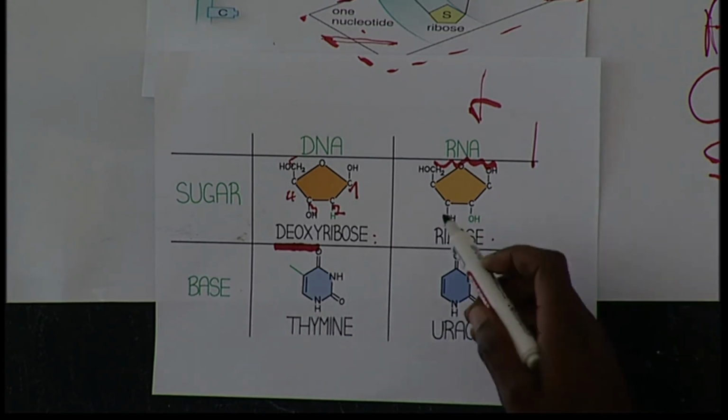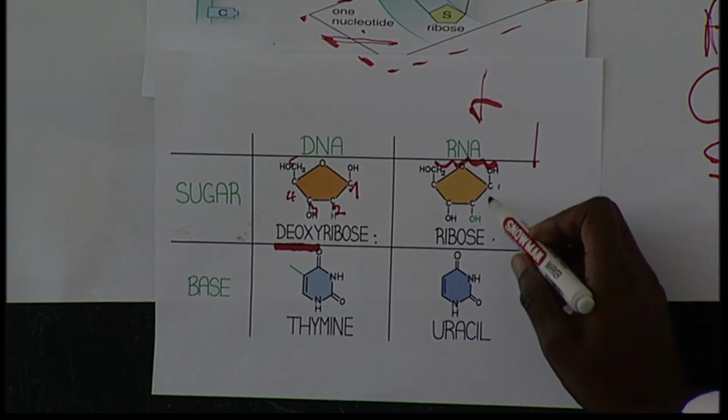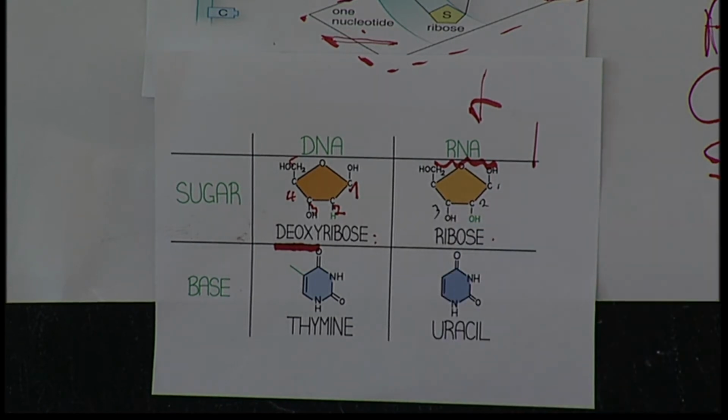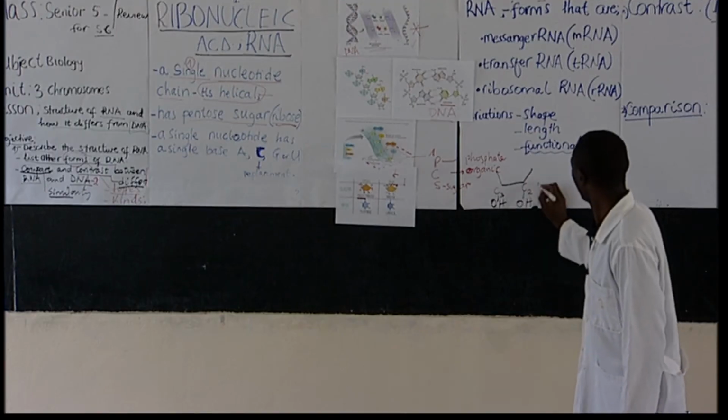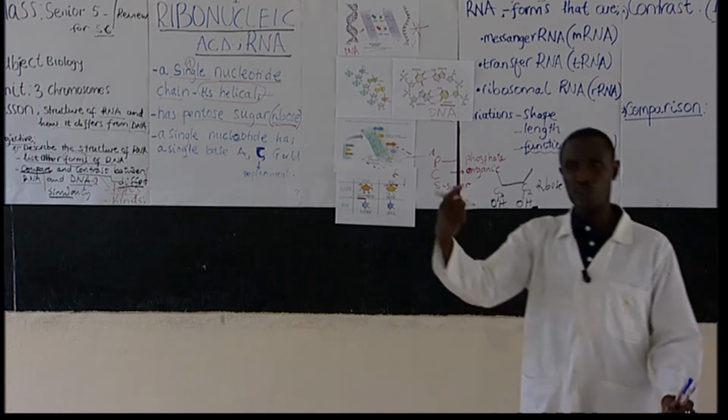OH, OH. So on carbon number 1, then carbon number 2, and carbon number 3. So at C3 and C2, under it, you have this. This is our ribose. Deoxyribose.